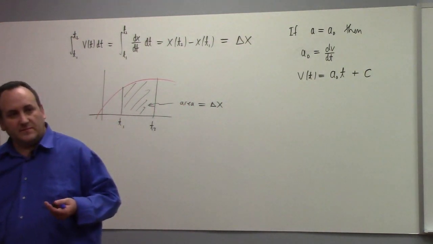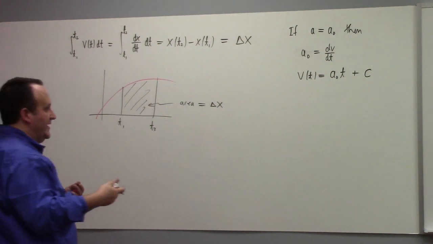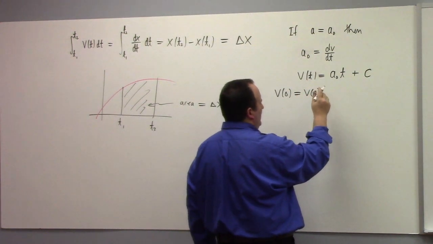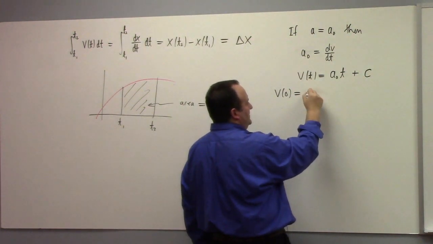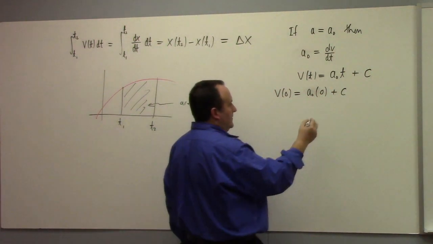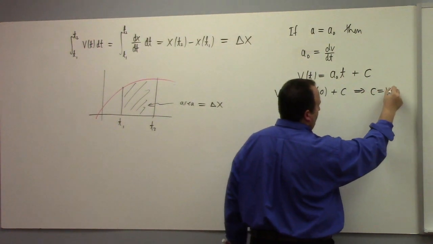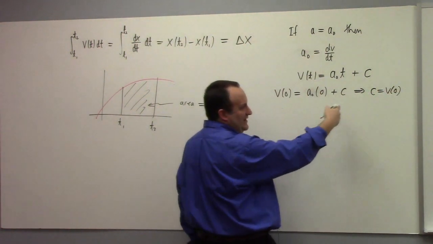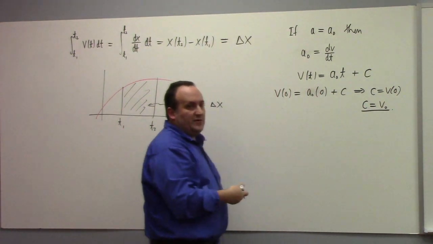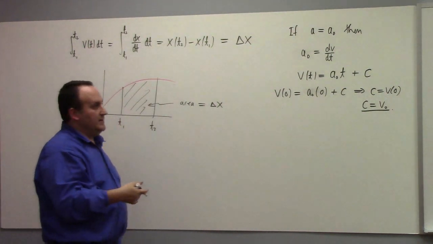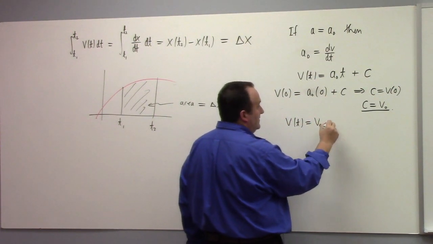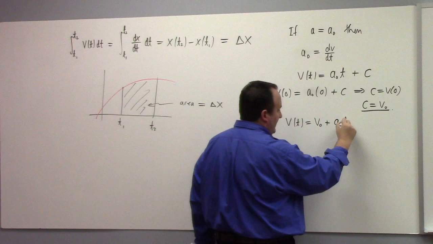Just taking the antiderivative. Then if I plug in time 0, v of 0 equals a sub 0 times 0 plus c. So the constant is v of 0. I don't like writing v of 0 like that, so we usually say c is equal to v sub 0, my go-to notation for the initial velocity. So the velocity at time t is simply the initial velocity plus the acceleration times time.